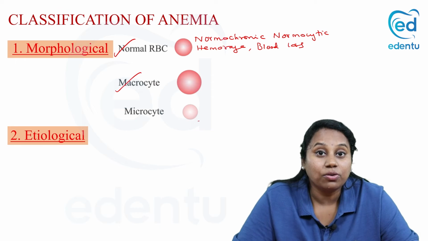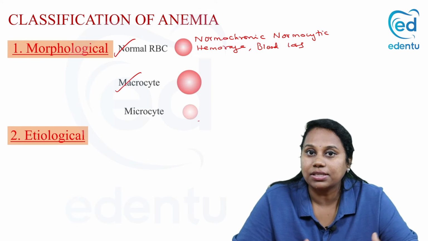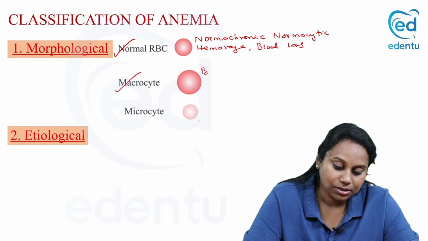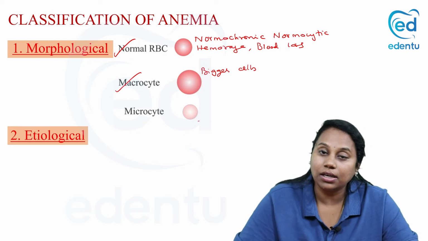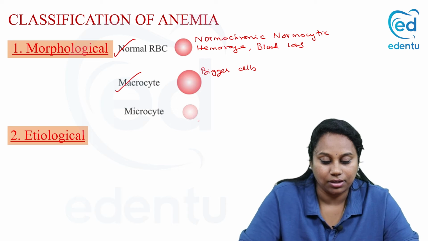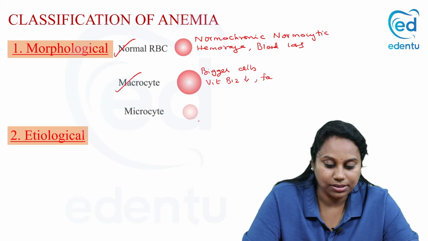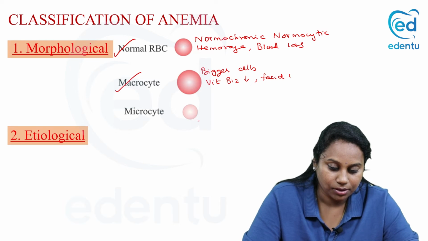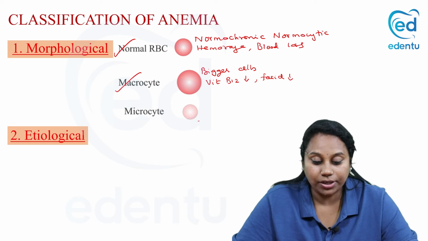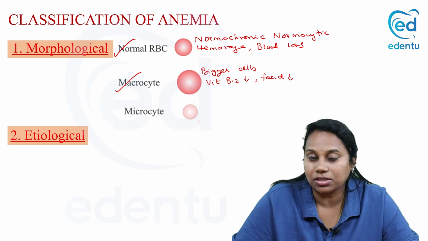The second type, macrocytic. Macrocyte means, as the name itself tells you, the cells are bigger in size. Macrocytic anemia can occur in cases of vitamin B12 deficiency or folic acid deficiency, because vitamin B12 and folic acid are important maturation factors for RBC.